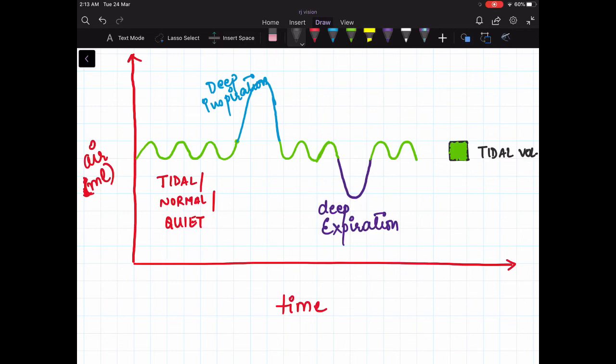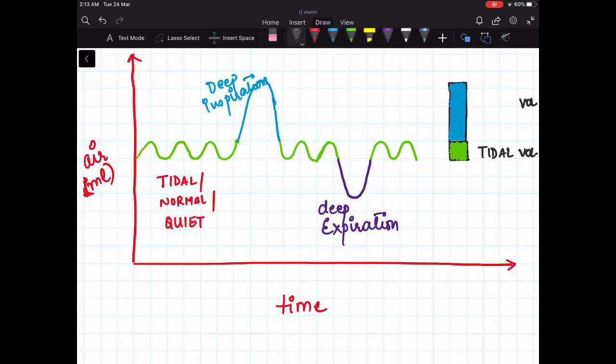If I extend this box upwards like this, and I color this blue, can you see this? Then what is this air? This volume is that volume which was taken over and above the tidal inspiration.